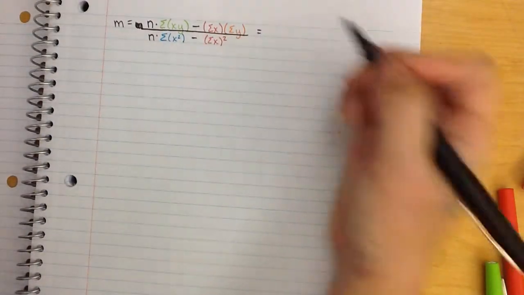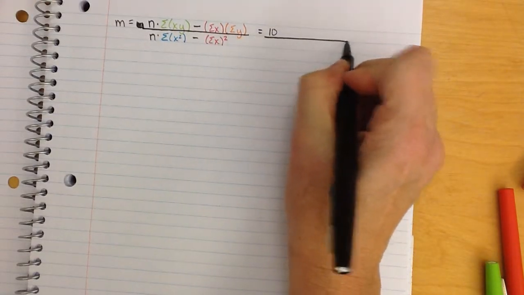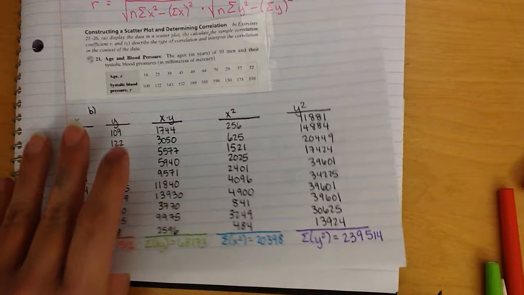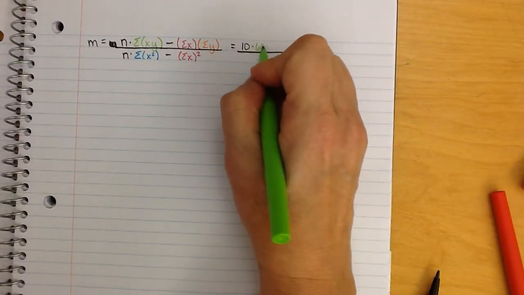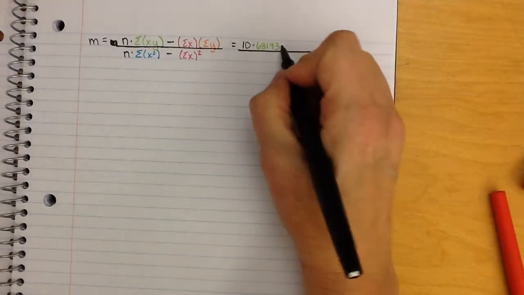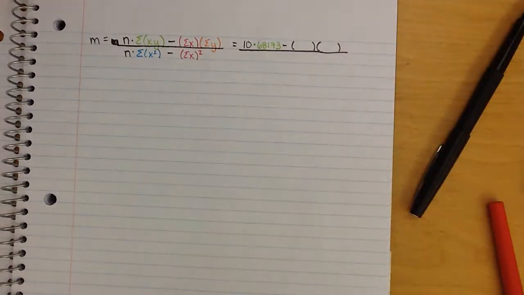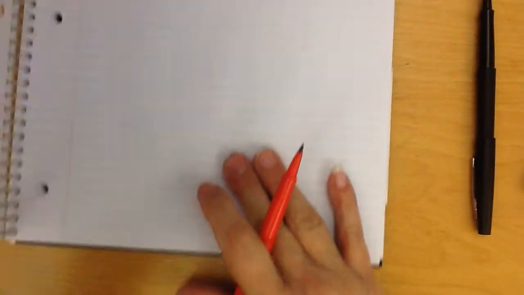So m is going to be n, which was the sample size of 10, times the sum of xy, which was 68173, minus the sum of x times the sum of y. So I'll fill those in. The sum of x was 416, the sum of y was 1512.